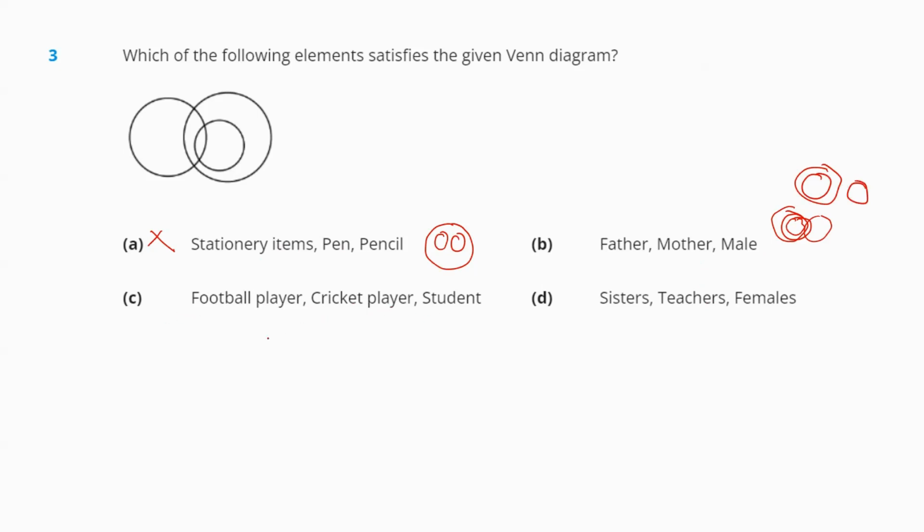Football player, cricket player and student. Students are football and cricket players. Sister, teacher, female. So it will be in such a pattern that teacher is a female and also a sister. So answer D is the correct answer.